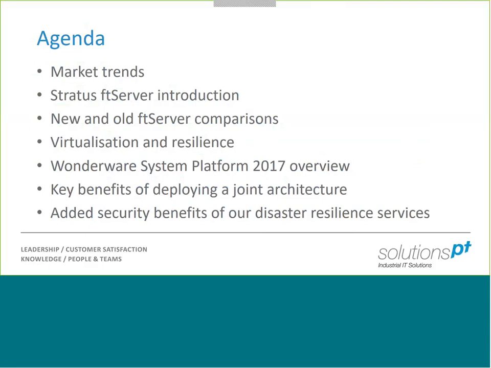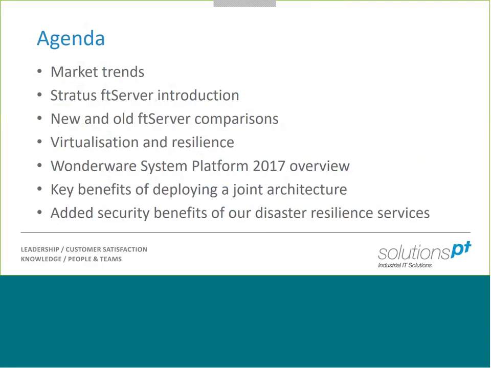And really what we're going to cover this morning is, firstly, I'm going to highlight some of the market trends that we're seeing in the marketplace today. They're going to be centered around the drive for collecting more data and how we store that data, particularly with critical systems. Then I'm going to talk about Stratus ftServer, which we see as a solution to some of the problems that we're facing.